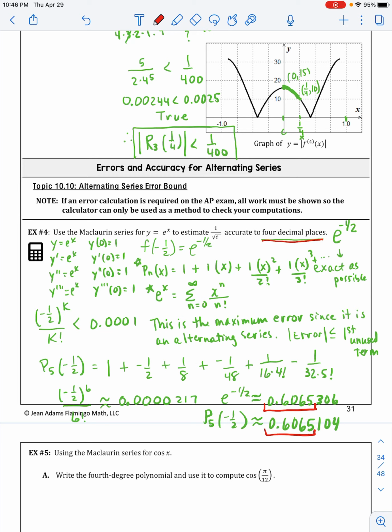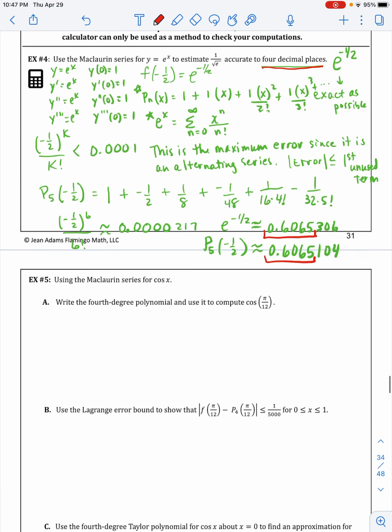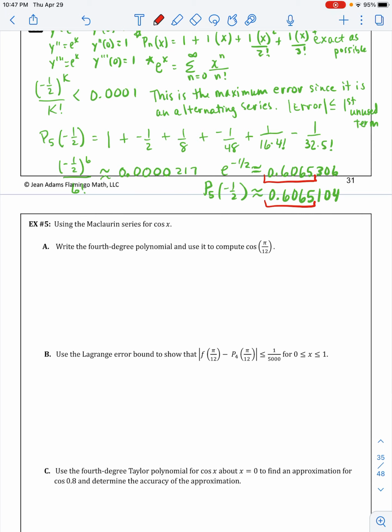So you can see that they are exactly the same for 4 places behind the decimal point, okay, which is what they asked for. 4 decimal places. They're exactly the same. And so it ended up being a 5th degree that gave it to us.